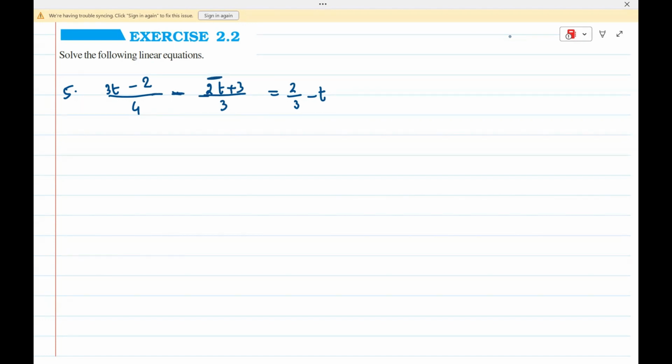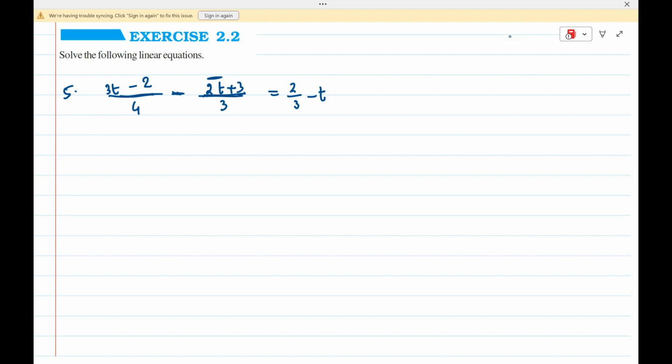So the minus is for both 2t and 3. Many times kids have confusion that this minus will also go for the division. No, you have to give it only one place, either in the numerator or in the denominator. Most of the time we give this negative sign to the numerator.